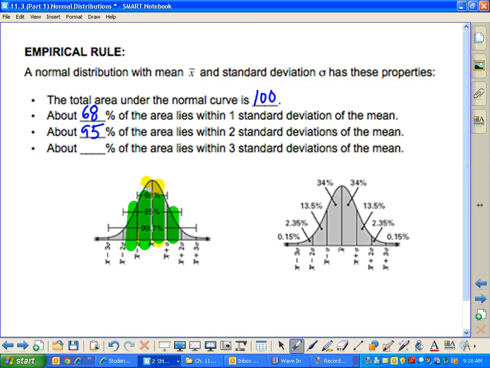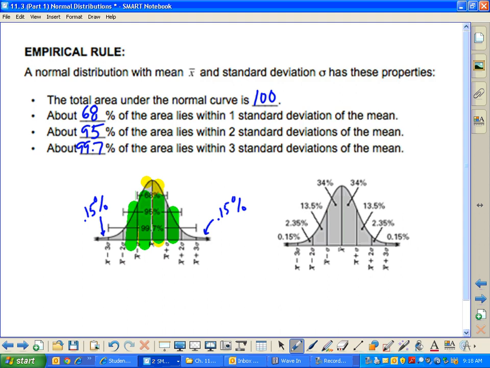You see that as I go through, I keep shading more and more of my bell curve. And then lastly, within 3 standard deviations of the mean, you have 99.7% of our curve. In other words, only 0.15% of us get to hang out on the really high end or really low end of the spectrum.